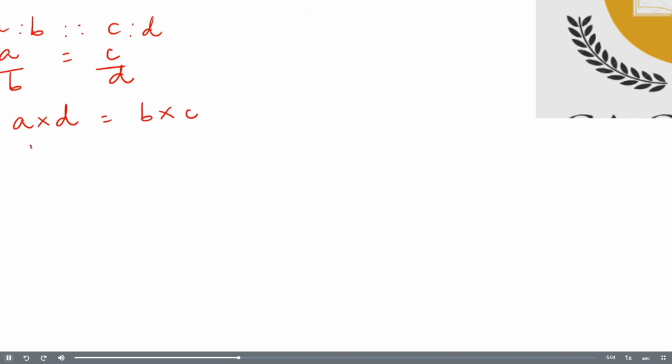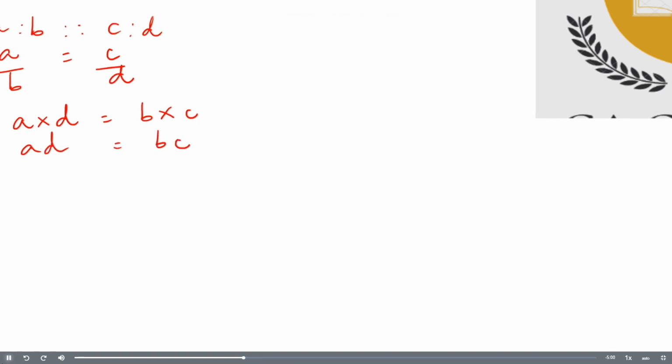So we said A is to B is equal to C is to D. So A by B equals C by D. This is the way we express the ratios. So this implies that A into D is equal to B into C. AD is equal to BC.